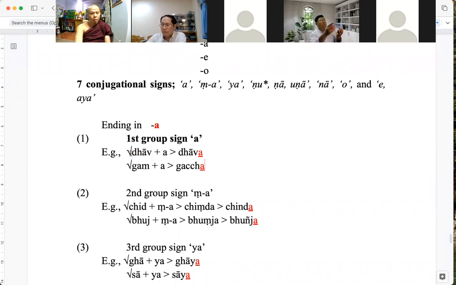So root dhav and the sign A together form the vowel base, which ends in A. In the same way, root gam, to go, which we already learned: gam becomes gaccha. By adding the A, we have the gaccha base. This base also ends in A, you see. This is related to the first group sign A.